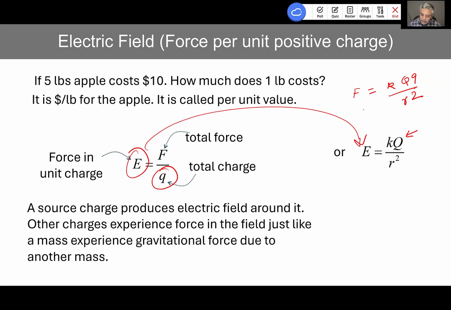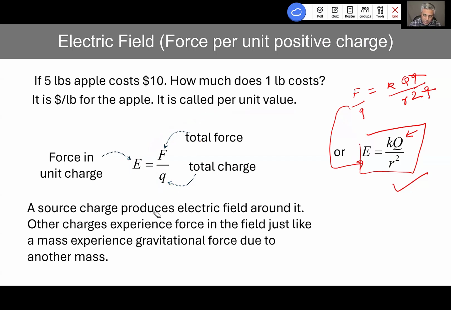Now when we divide this by the charge q, we need to divide this side by that charge as well, and we can cancel that charge. So we get this equation. F over q is the electric field we defined. So the electric field can be written in terms of this or that, depending on what we know and what we want.